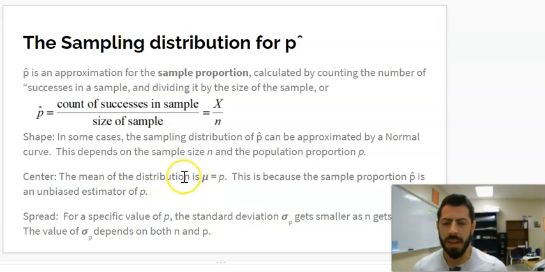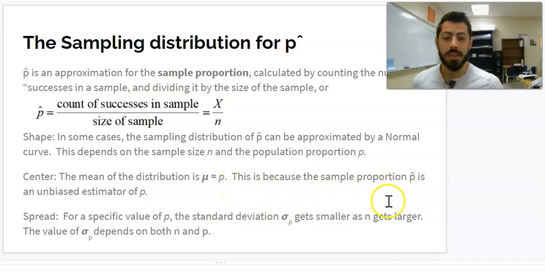Of course, this will depend on the sample size and the population proportion. We noticed that the mean of the distribution is right at the parameter p. That suggests to us that the statistic p hat is an unbiased estimator of p. We talked about what qualifies as an unbiased estimator in the last presentation.